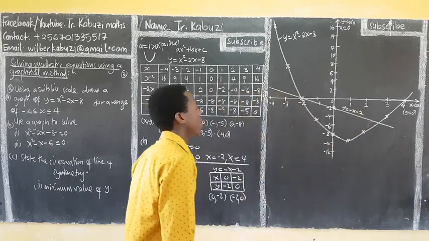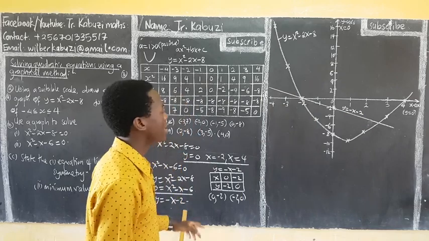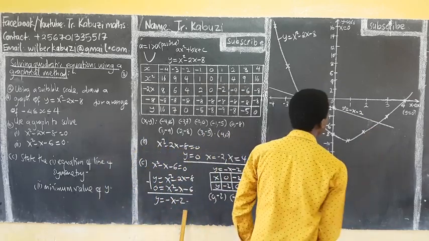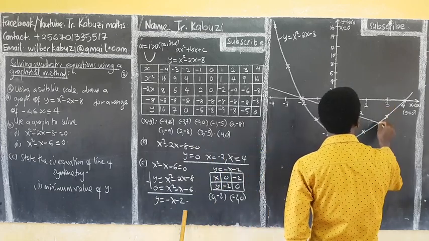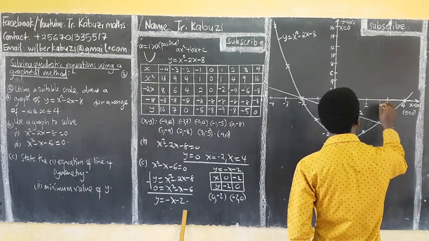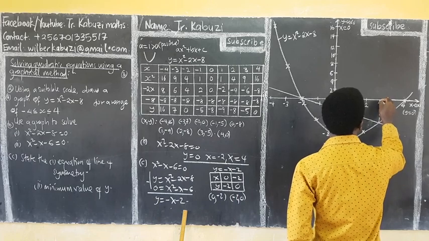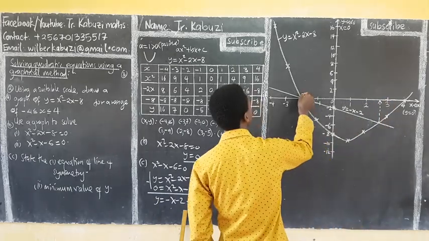After naming it, you come and read off the points where this line touches this curve. You start with where it touches first, here. Read off this value here, and then read off this value here.